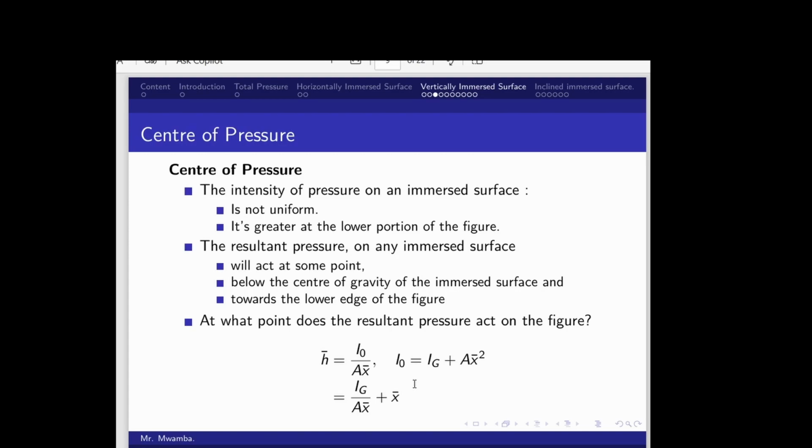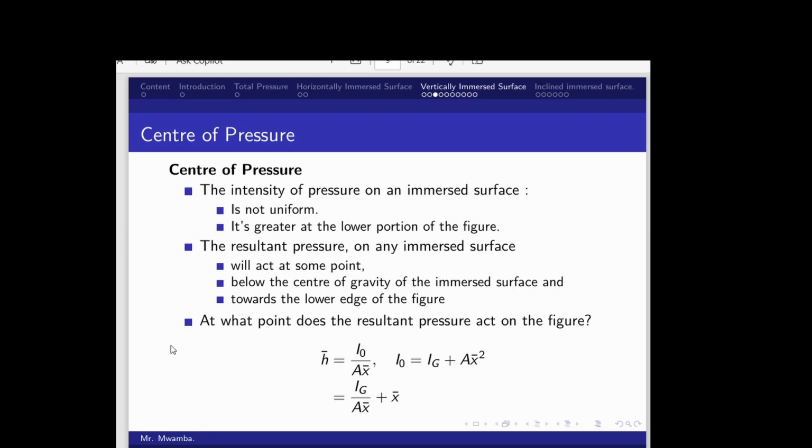But what becomes different is the point at which this pressure acts, or the point at which the pressure force is exerted on the liquid surface.